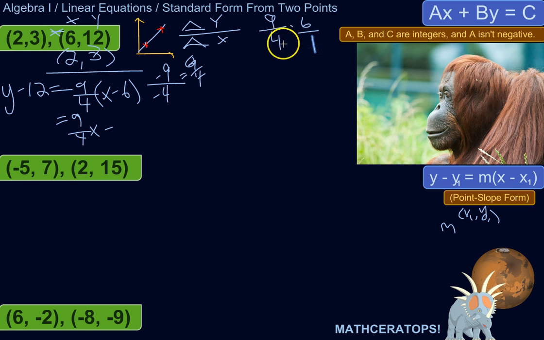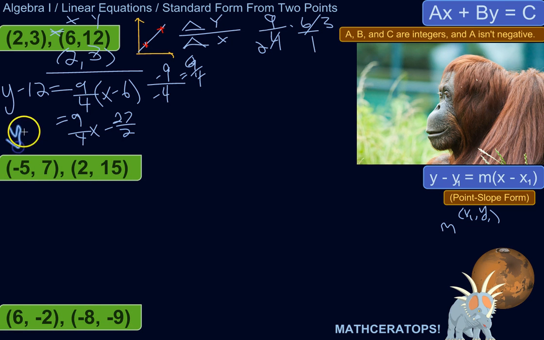I could do some reducing first. 2 goes into 4 2 times. 2 goes into 6 3 times. So I can cancel out a factor of 2 out of those. So I've got 9 times 3 is 27 over 2. So minus 27 halves. And I'm just going to leave it as an improper fraction. There's no reason to make that a mixed number or anything like that now. Definitely not a decimal. Don't do that.